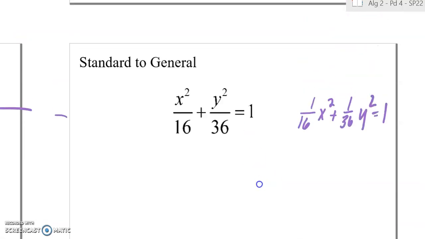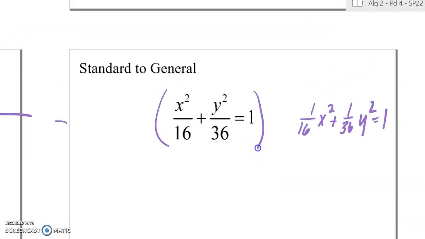If I want to get them out, because you see in general form there are no fractions, I'm going to have to multiply everything by something that will cancel both 16 and 36. So the number that I want is one that 16 and 36 both go into. Obviously I'm going to start with the bigger number, 36, and multiply it by 3, 108. 108 divided by 16 is not even.